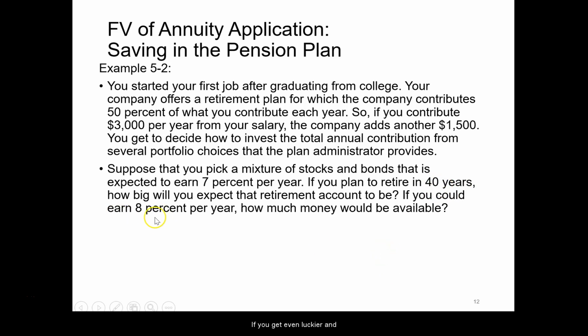And if you get even luckier and this account is making 8% per year, how much money would you have? So this is a typical future value of annuity calculation.